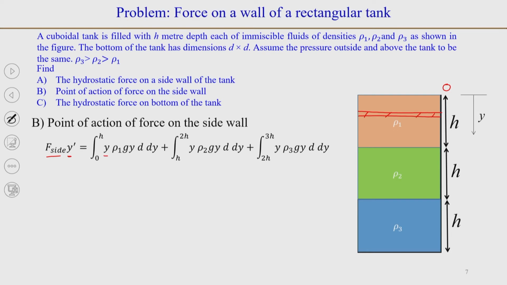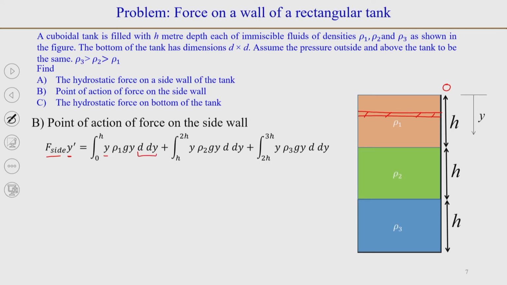So, y into rho 1 g y, which is the pressure, into d, where d is the side normal to the screen, into dy, which is the small height or depth of this elemental volume. So, d dy is basically dA.